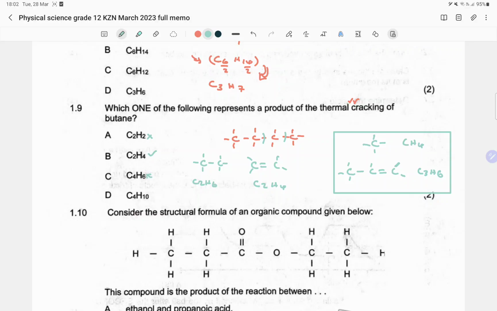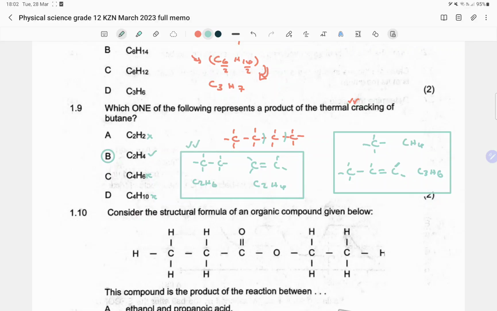C4H6, there's no C4. We can't still have a C4 if we're cutting a C4 into pieces. So anything that starts with a C4 is already eliminated. So the challenge was between these two. So this one takes the crown because it could easily be this ethene. This is ethane. Okay. So this one says yes.